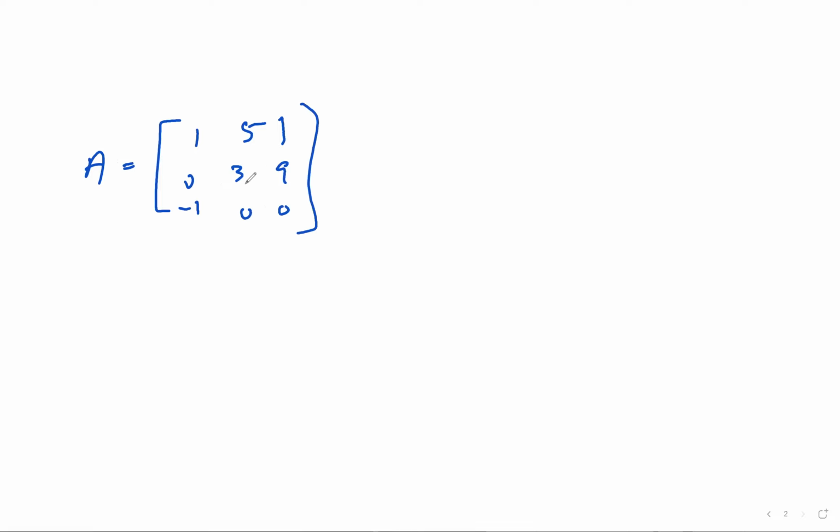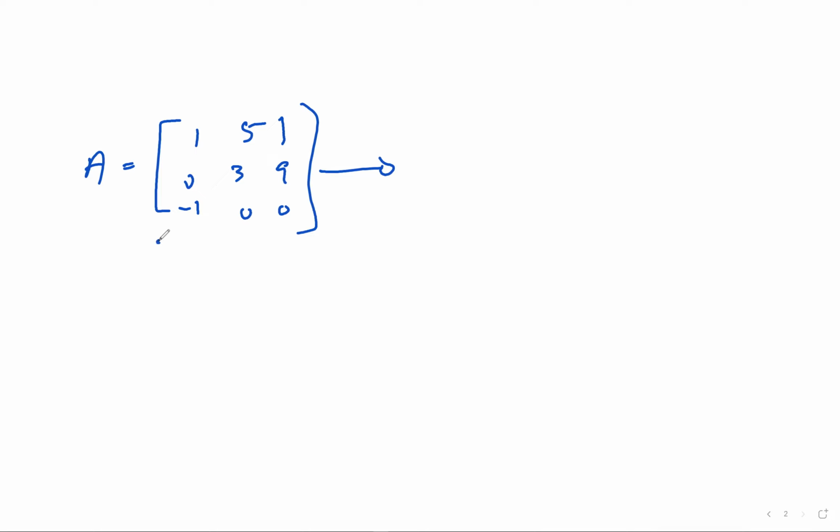Now we're going to use row reduction to determine the rank of this matrix. First of all, we're going to interchange row 2 and row 3. We're going to exchange those two.